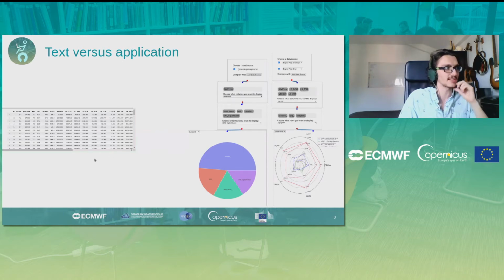Right here is a picture of a CSV that people use right now in profiling the IFS. You can see here on the top that you have the wall time, the total cycles, the L1 data cache misses, L3 total cache misses, and so on.